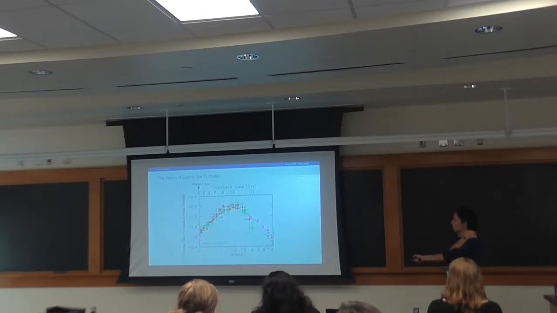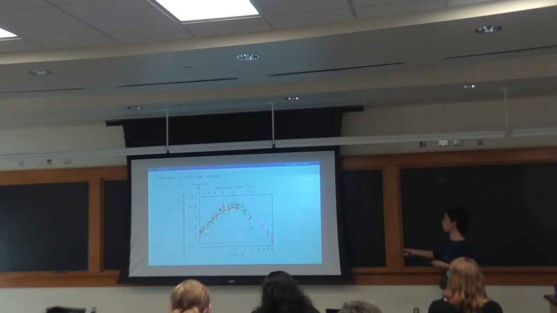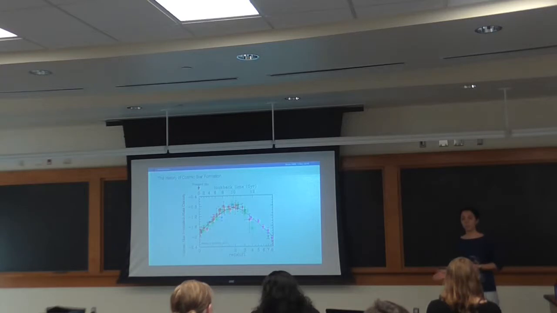We reach this peak somewhere around redshift of 2, and then it falls back down until the present day. This evolution is thought to be determined by the growth of dark matter halos, which depends on the cosmology, as well as the distribution of star formation rate in these halos as a function of the halo mass and redshift.